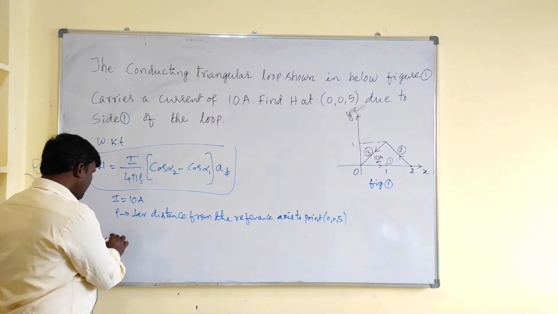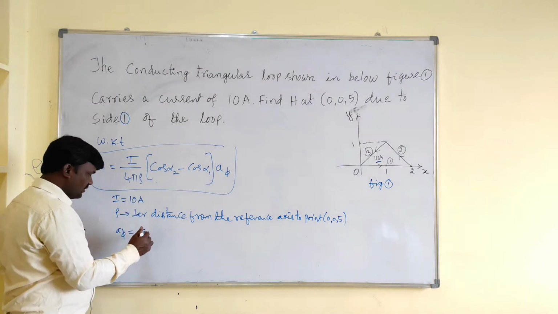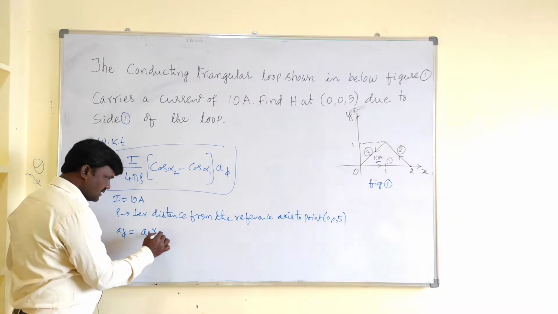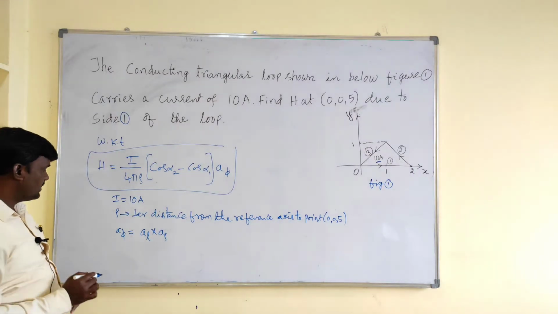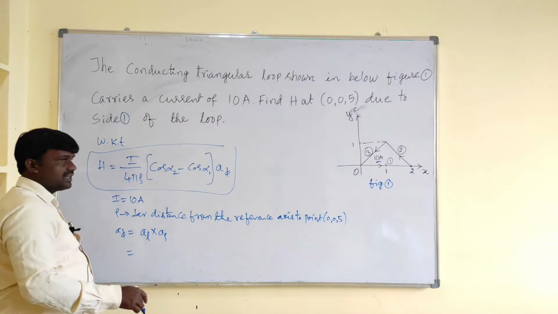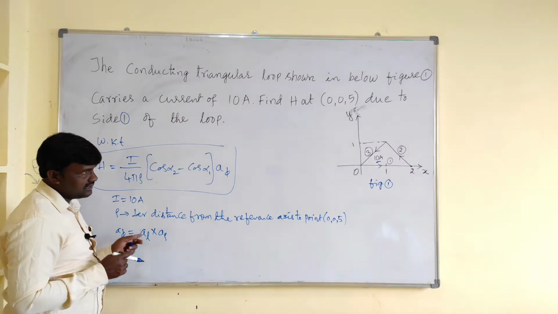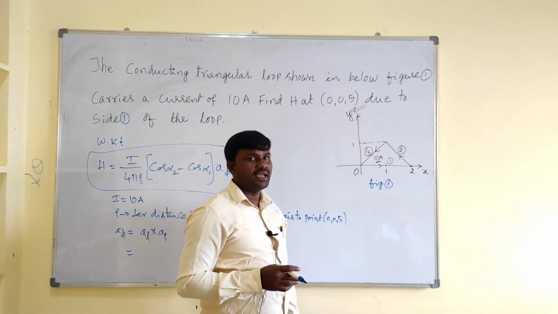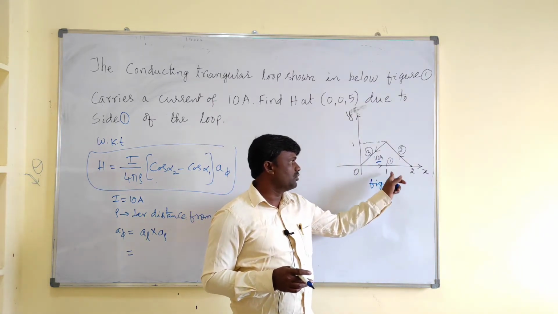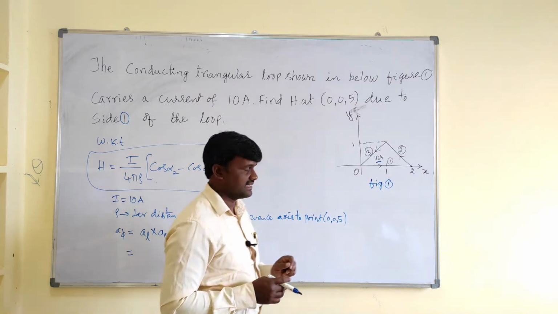And what about a phi? In this derivation we consider a phi as aL cross a rho. What is aL? It is the unit vector along the axis where our current carrying conductor is placed. Here we need to determine the magnetic field intensity due to side 1 of the loop, so our straight current carrying conductor is placed along the x-axis.